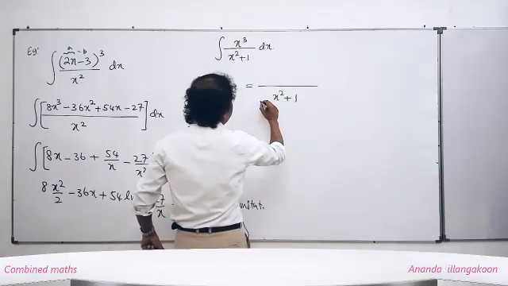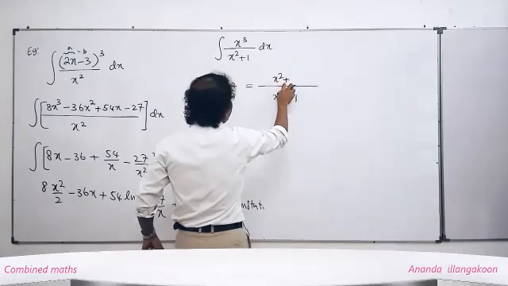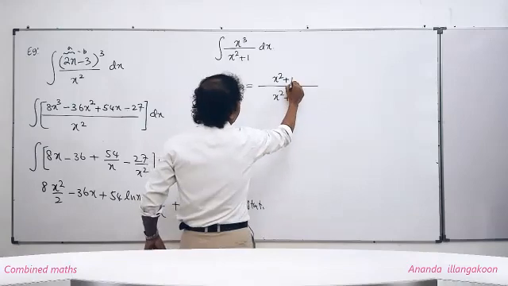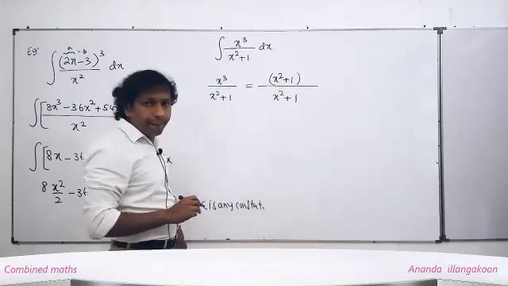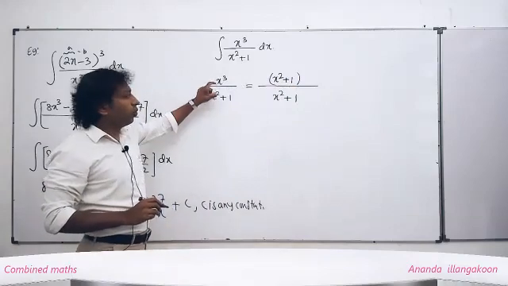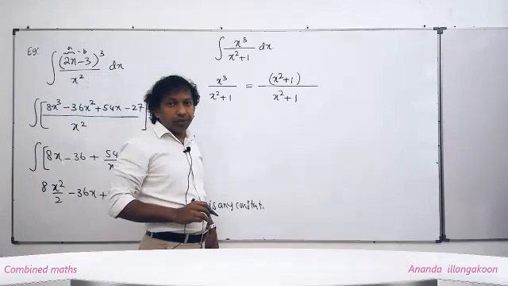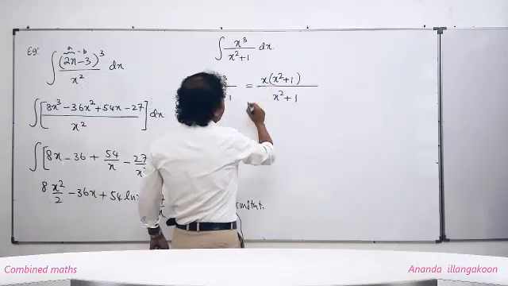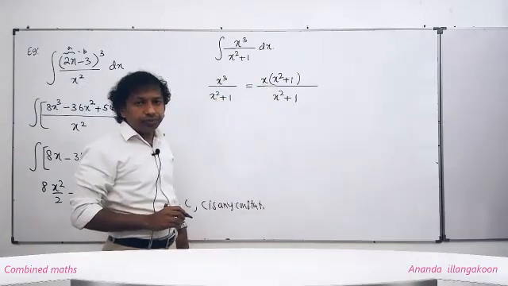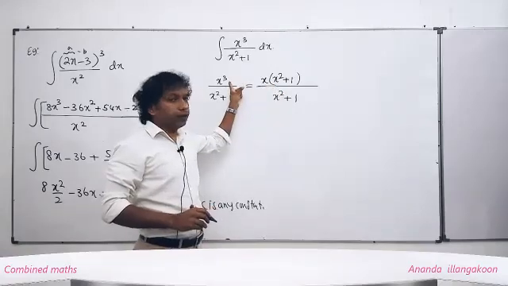Then I write this x cube involved in this denominator x squared plus 1. I must have x cube only, but at the moment, in the numerator we have x squared. x cube we should have. Then I write x cube. Once I multiply by this x, we get x and x squared, this x cube comes in.